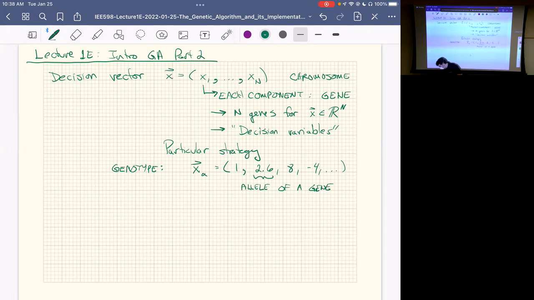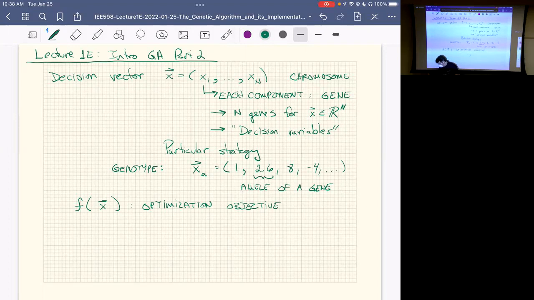And so we're going to then have an optimization objective that we're trying to optimize. That optimization objective F, we might want to minimize it, we might want to maximize it.